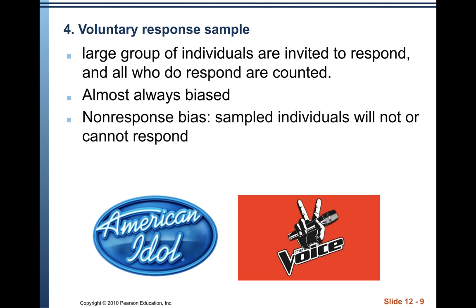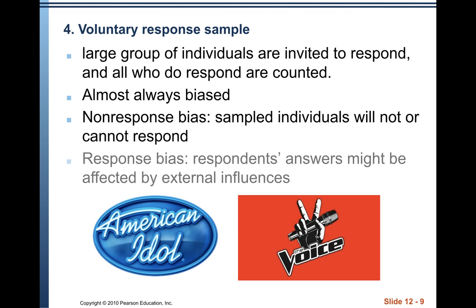That's why voluntary response samples are not advisable. We call this non-response bias or response bias. If you're a casual viewer and you don't really care, that might be a non-response bias because you're less likely to vote. Whereas if you really feel strongly about who should win the show, that would be an example of response bias.